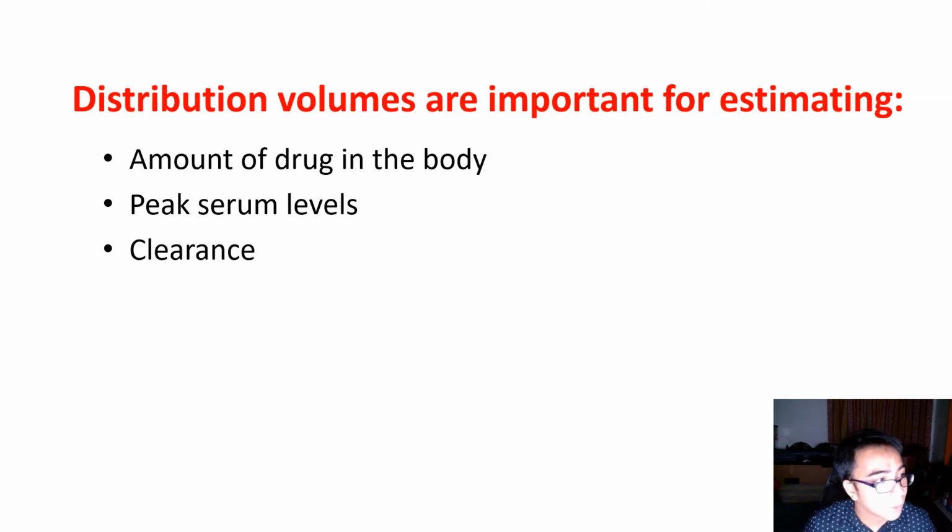So distribution volumes are important for estimating the amount of drug in the body, peak serum levels, and clearance. How? As we said, in terms of peak serum levels, this refers to CP. So CP0 equals dose over VD. That's why we need VD.